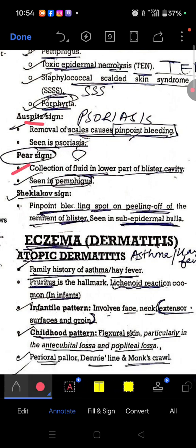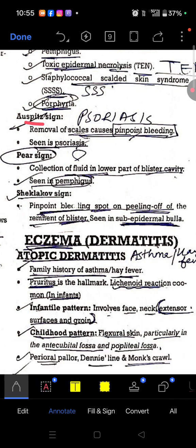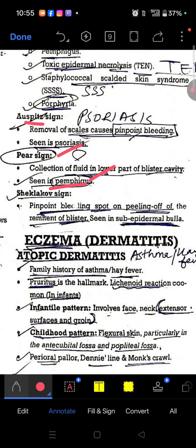Next, Pierce sign. Pierce sign is what? Collection of fluid in lower part of blister cavity. So if this is a blister cavity, collection of fluid is there. It is seen in pemphigus. Next, Shekla-Koff sign.